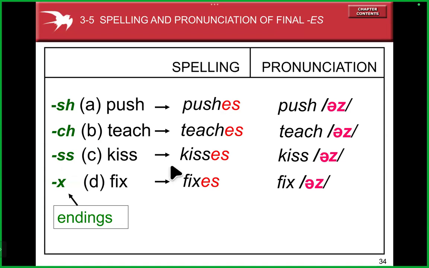So we add the suffix es, and those verbs that end in the letter X for the third person, we add again the suffix es. All right. This is rule number 1 for the third person spelling rule. Push, pushes. Teach, teaches. Kiss, kisses. Fix, fixes. So let's move on to rule number 2.